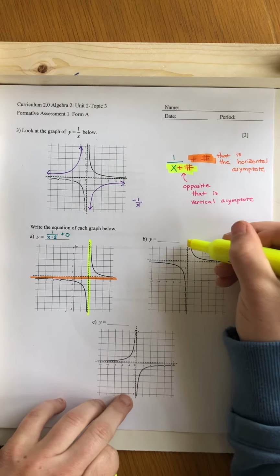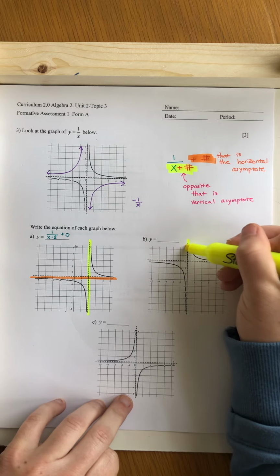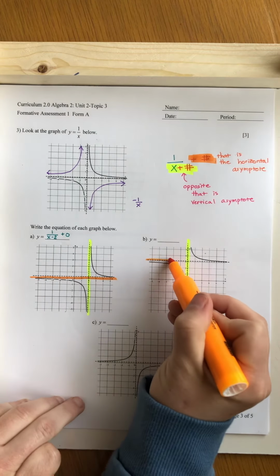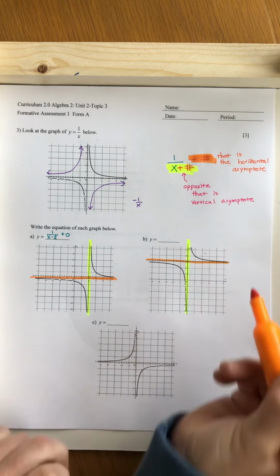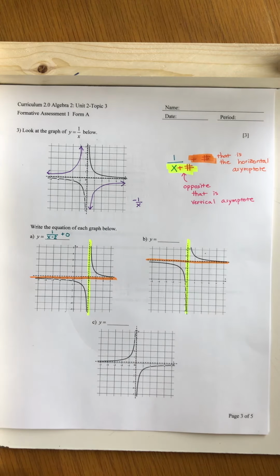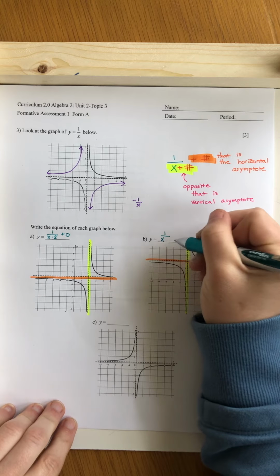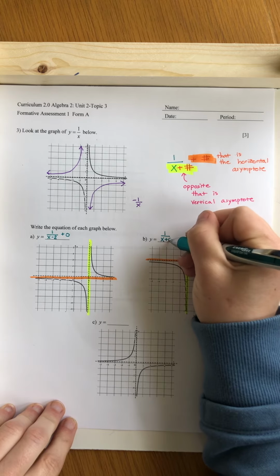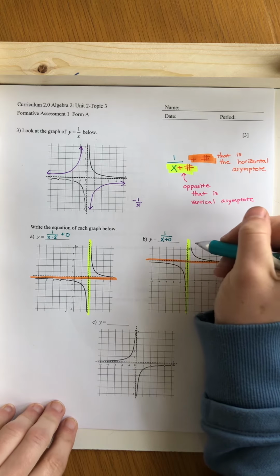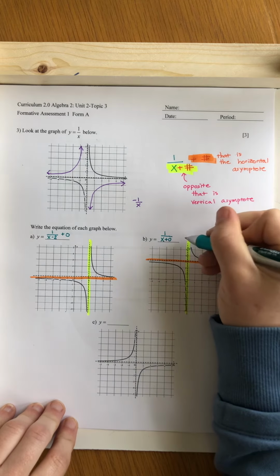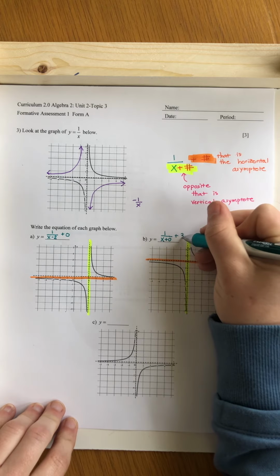For letter B, we have a vertical asymptote at 0 and a horizontal asymptote at 3. So my equation is going to be 1 over x plus 0 or minus 0. Either one's fine because it's 0. And then for the horizontal asymptote, we have it at plus 3.